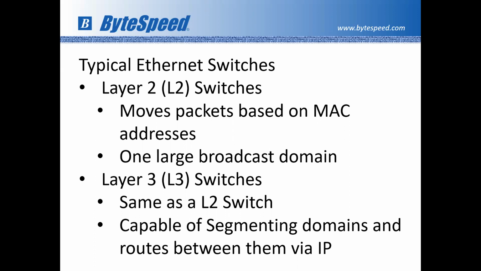Some switches do allow you to do layer 2 access list firewall filters, and there is extra layer 2 MAC address security that you can do on top of it. But the smartest switches do pretty much all of that, and then allow you to make them a router. And that's what we do at Bytespeed. We have a firewall.